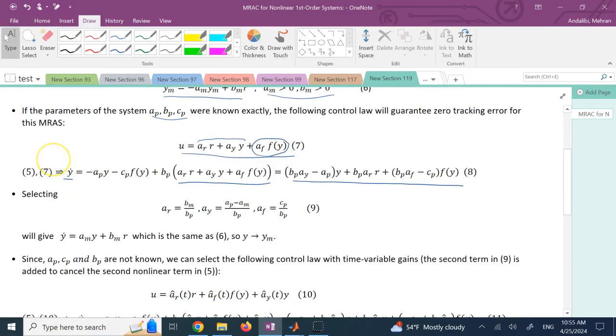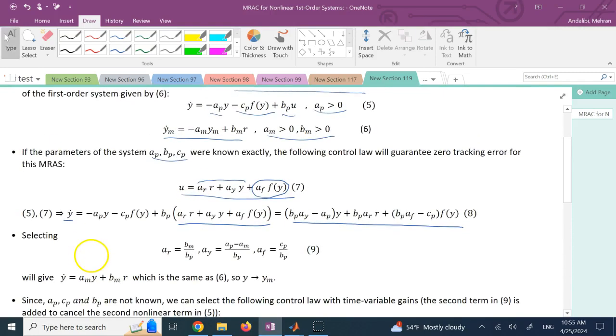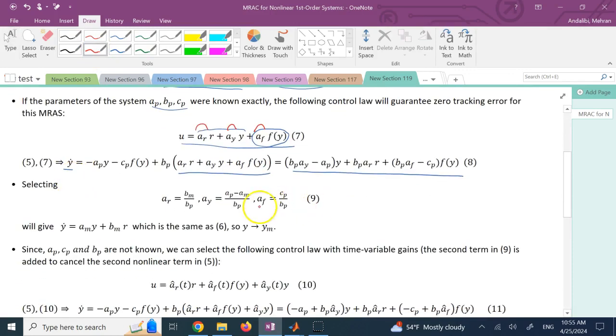And now the three gains of your controller that you have, ar, ay, and af. If you pick them as 9, guess what happens? If that's the case, af becomes cp over bp. So this is cp over bp, so that bp and bp cancel, cp minus cp becomes 0. So that whole term will be eliminated.